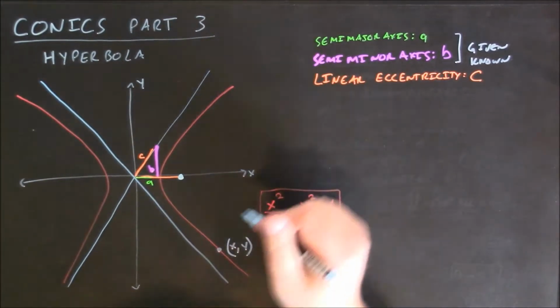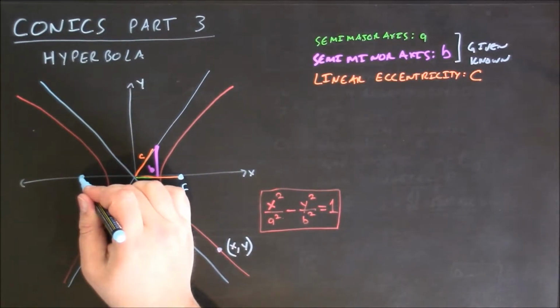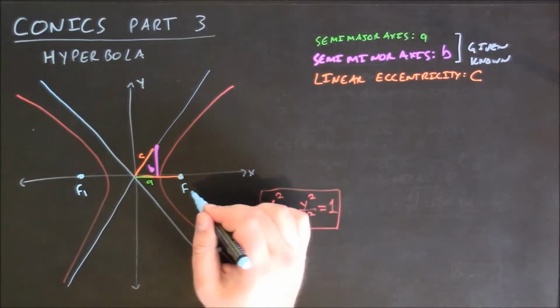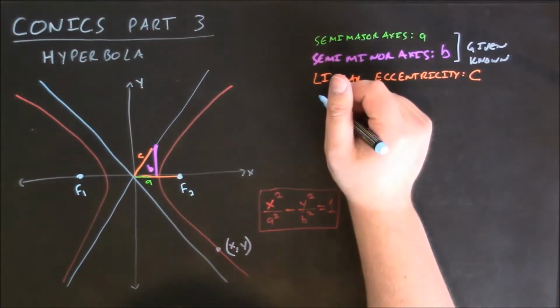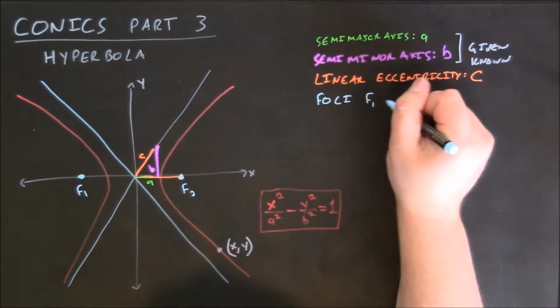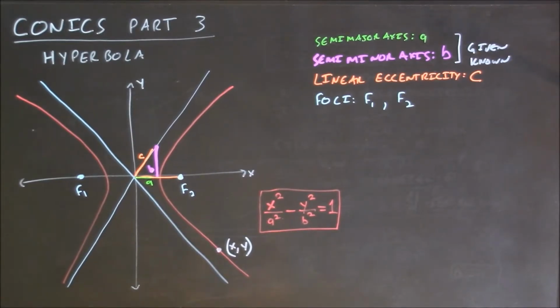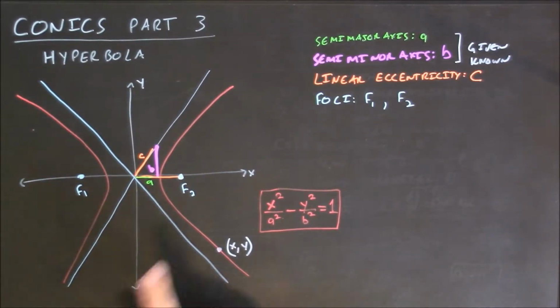This point is known as a focus. And a hyperbola actually has two foci. One focus there that we will call F1 and a focus here called F2. So it has the foci F1 and F2. Now, the foci are important points, and they have many, many real-world uses.